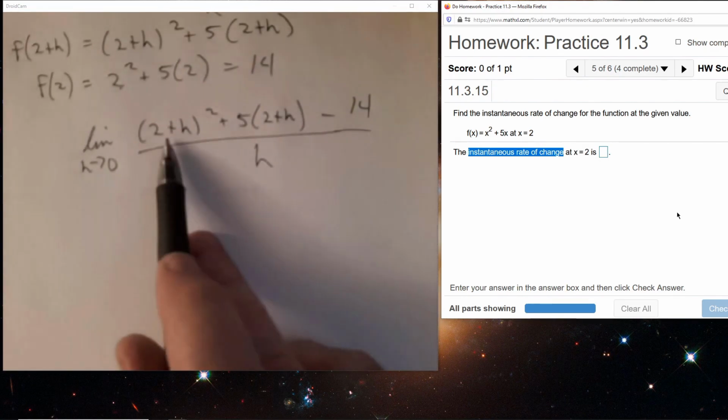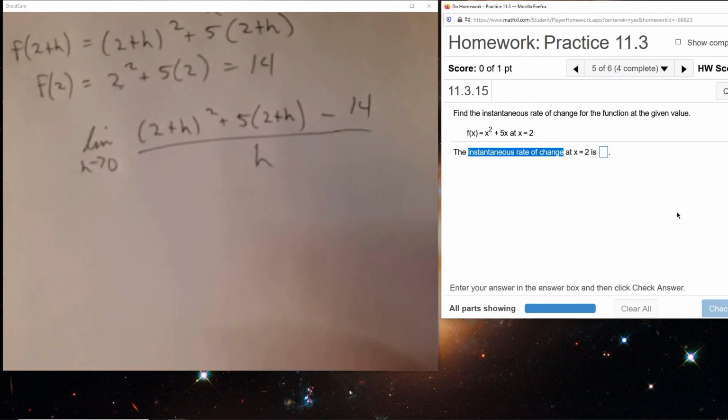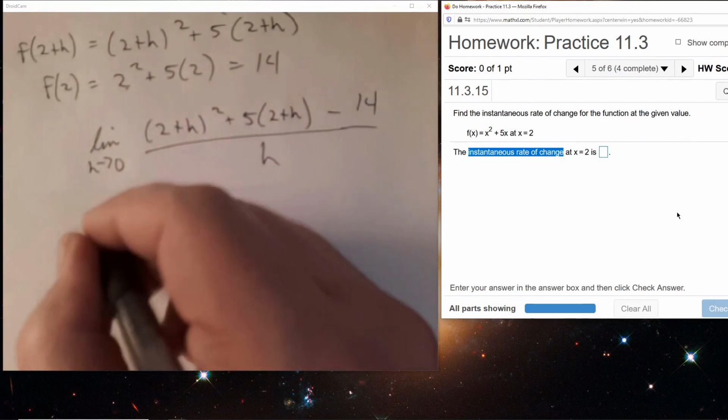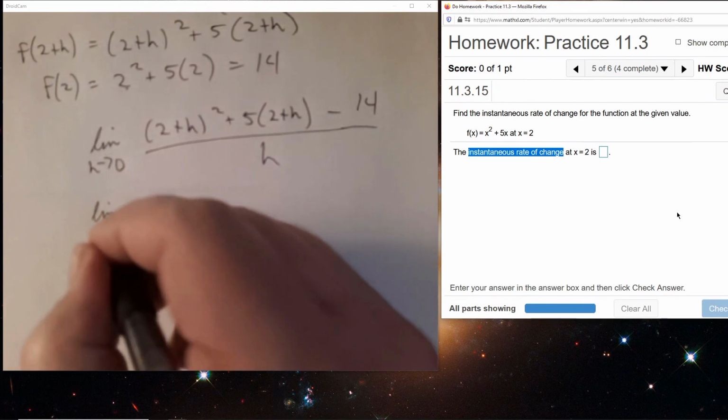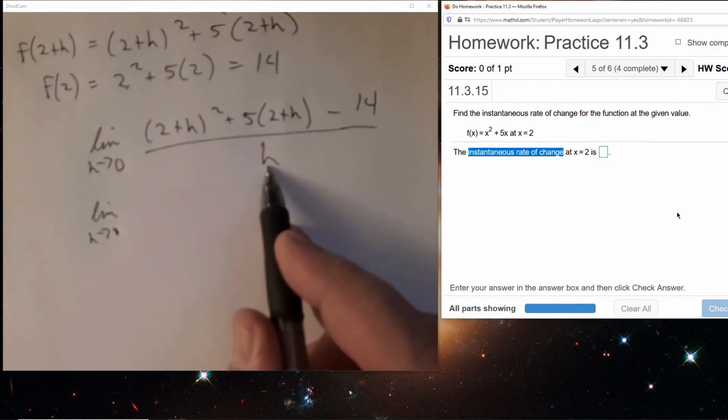And we will distribute all this stuff in the numerator and gather like terms, hoping that we can ultimately cancel this h.